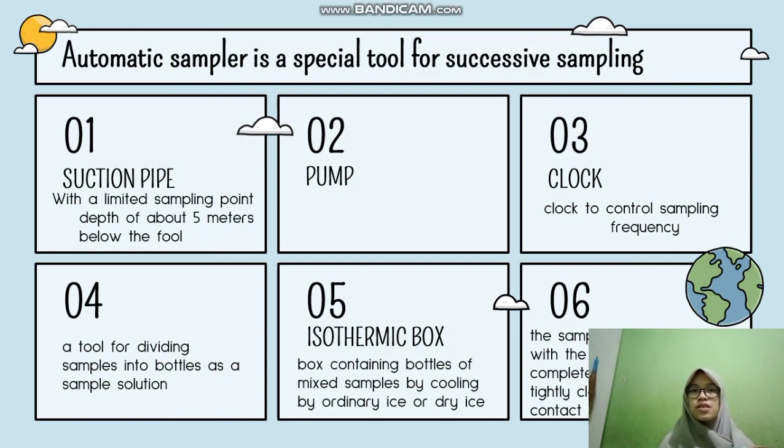One method of preserving the sample is generally a cold atmosphere. The sample is transported in an isothermic box containing ordinary ice or dry ice, then stored in the refrigerator or freezer.